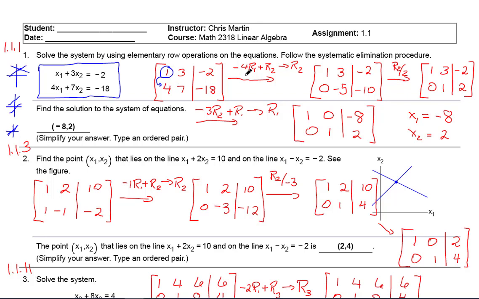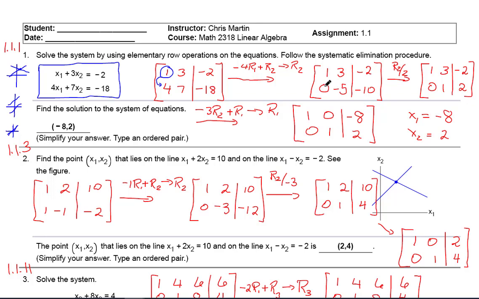So minus 4 times row 1, add row 2, and I'm going to make a new row 2. Let's see, minus 4 times 3 is minus 12. Minus 12 and 7 is a minus 5. Minus 4 times minus 2 is 8. 8 add a minus 18 is a minus 10.